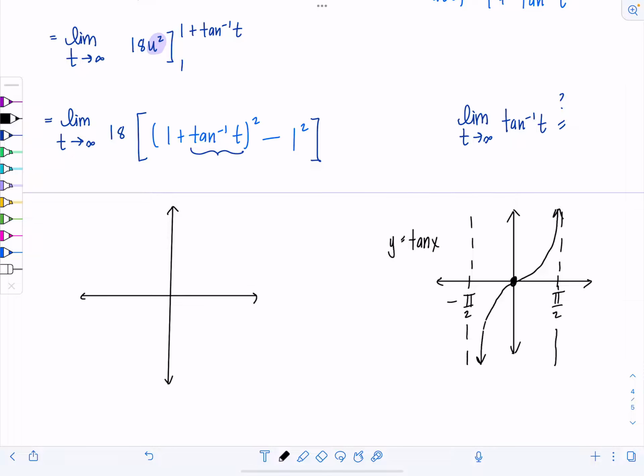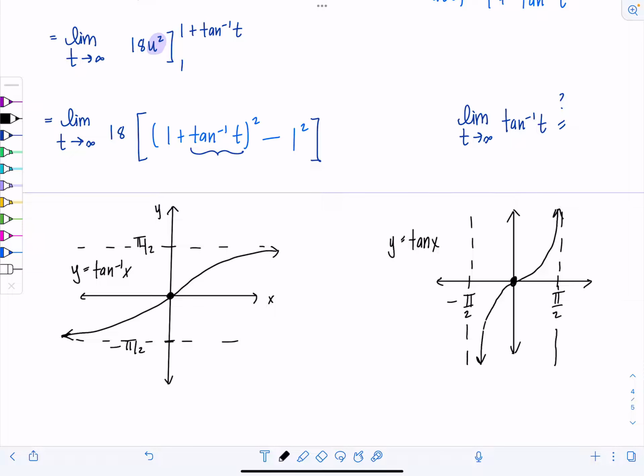So just think to yourself, those vertical asymptotes become horizontal asymptotes. They're at pi over 2 and negative pi over 2. 0, 0 stays 0, 0, and it just looks like it got knocked over on its side. Okay, so here's remix y equals tan inverse of x.